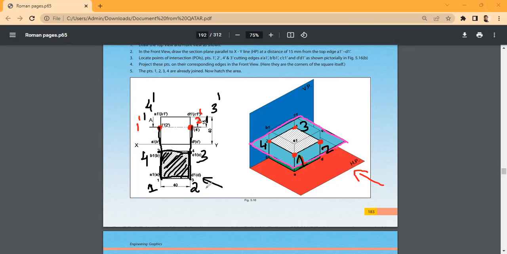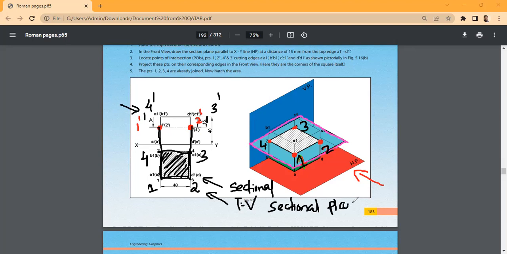And what is the name of this view? This view below the XY line, the top view. Simply top view, or sectional top view? Sectional top view, please write. This is known as sectional top view, or it is known as sectional plan.